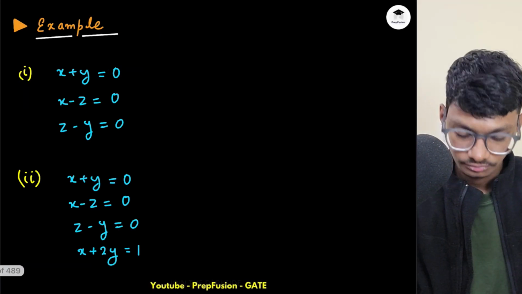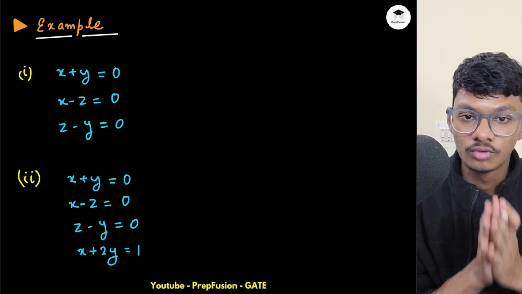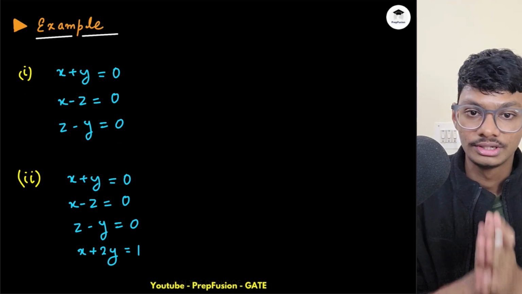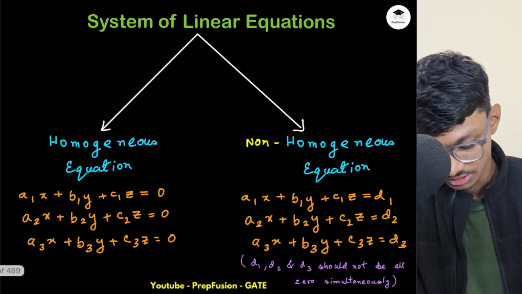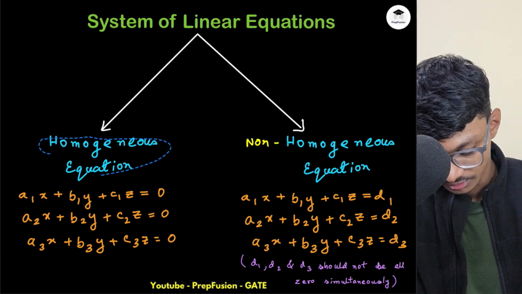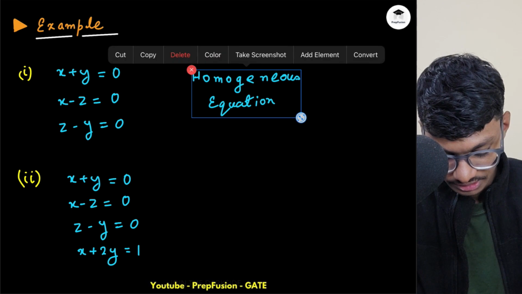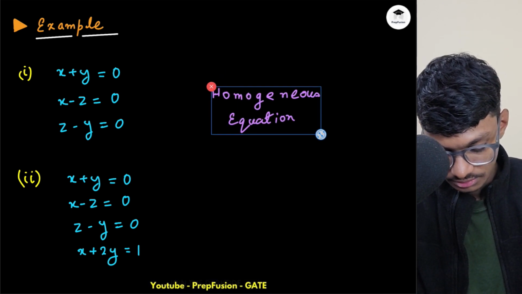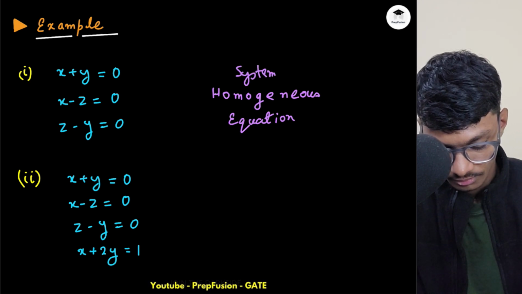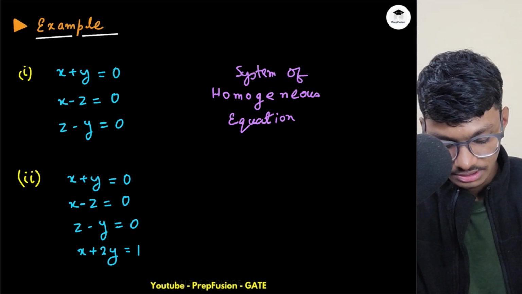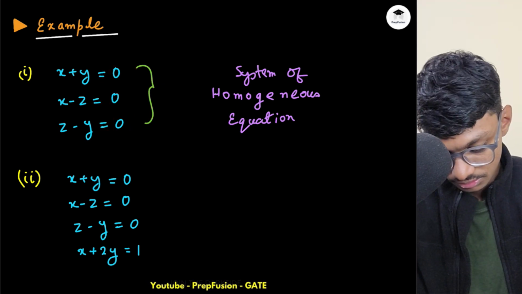So let's do an example. Can you tell me what this set of linear equations is called? This is called a system of homogeneous equations, because the right hand side is always 0.